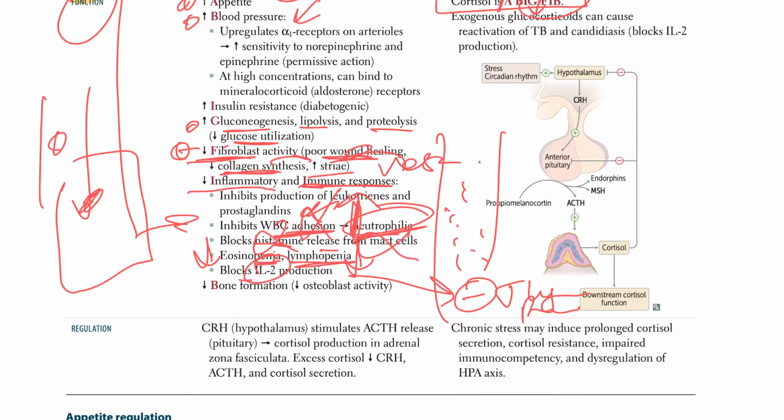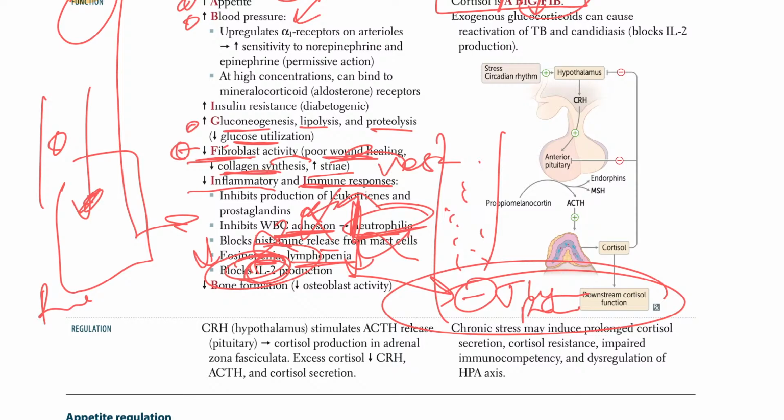That is why glucocorticoids are used to prevent the rejection of transplant. So again, rejection of transplant is done by T lymphocytes. You try to block that IL-2 production to prevent rejection of transplant by giving glucocorticoids.